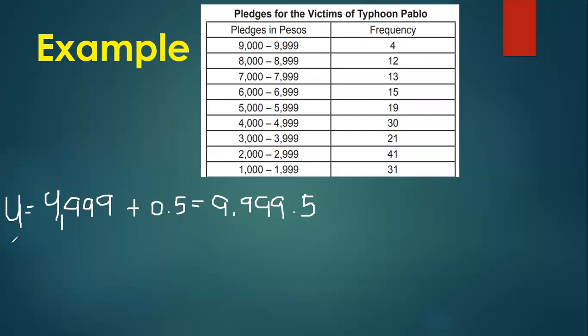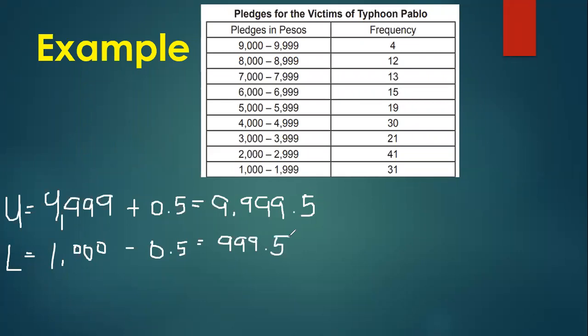Then for the lower, that is 1,000. You need to subtract 0.5, and it will become 999.5.